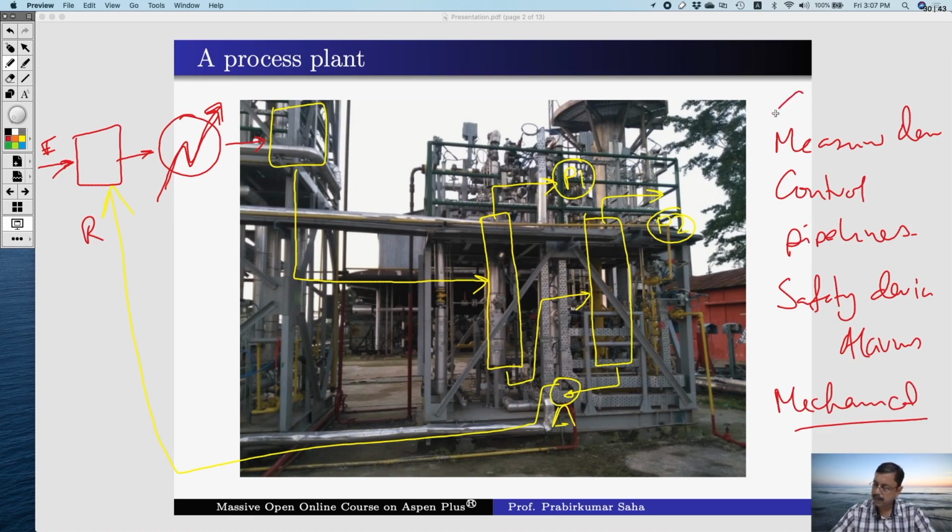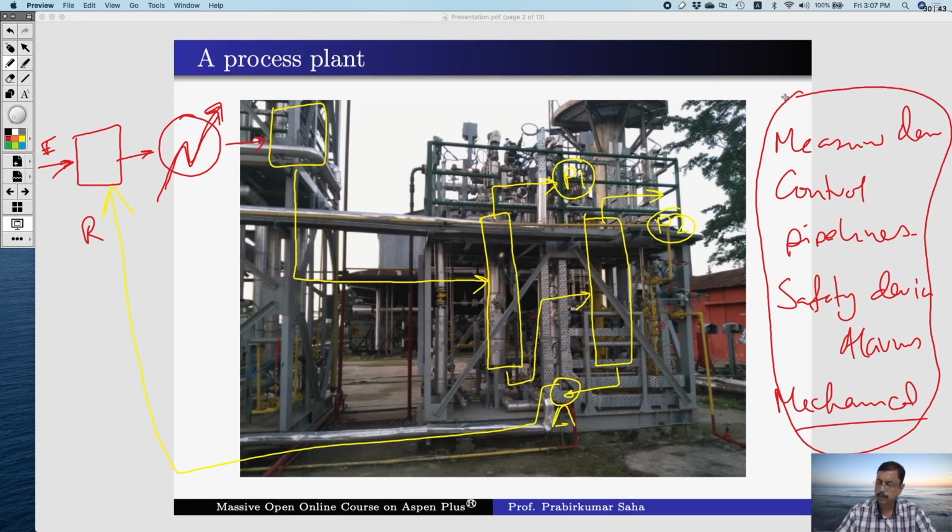Now for the time being, these are not important for the focus of our discussion. We pick and choose only these 6 units because these are the principal units.